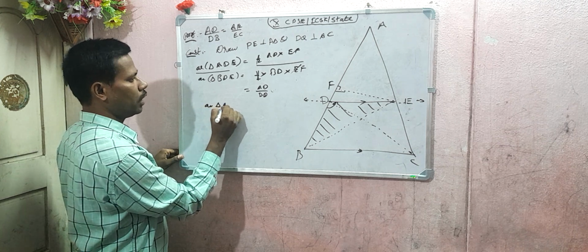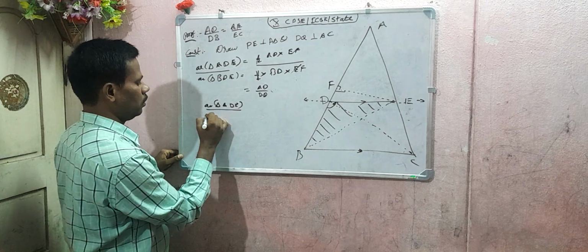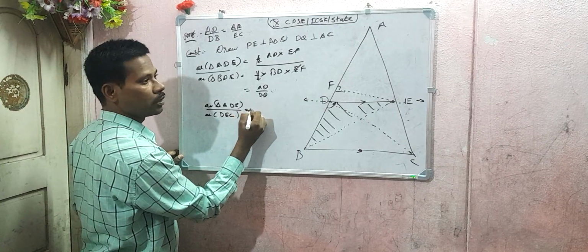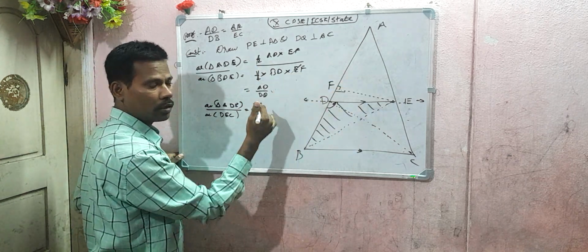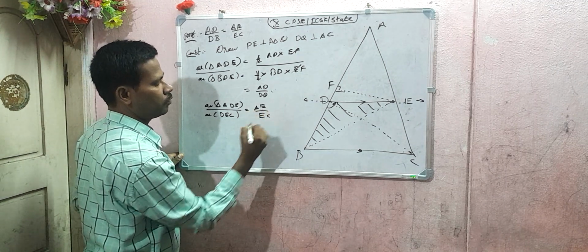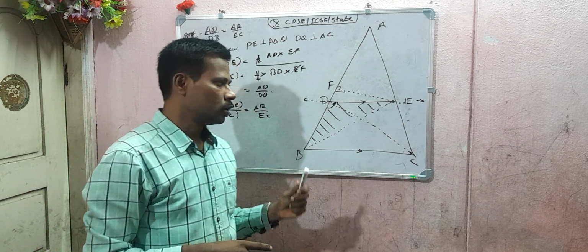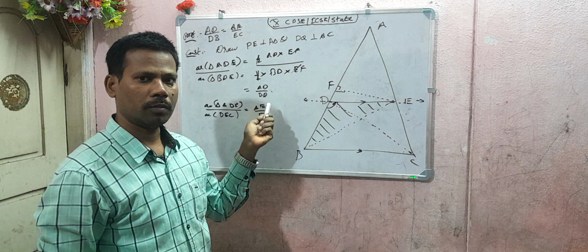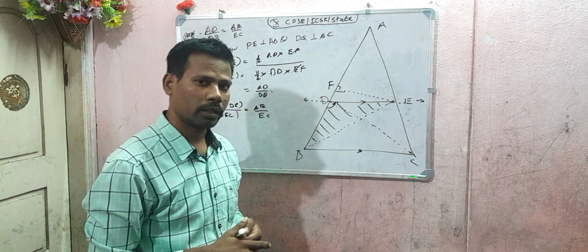Area of triangle ADE by area of triangle DEC, in the same way you can prove that it is AE by EC. I am not writing all those steps. It's clear? So simple. I just applied the area of triangle formula, half into base into height. That's it, and the obtuse angle triangle works like the acute angle triangle.